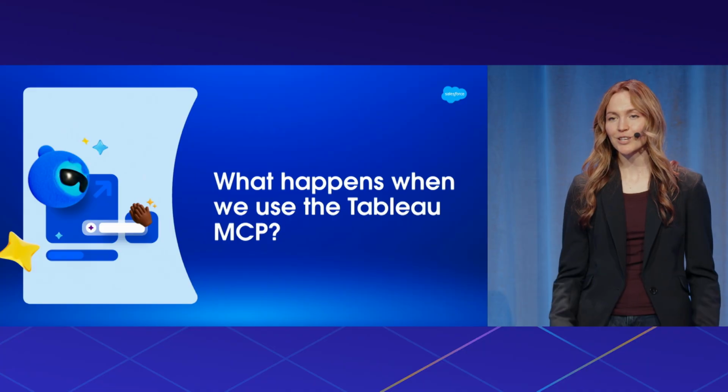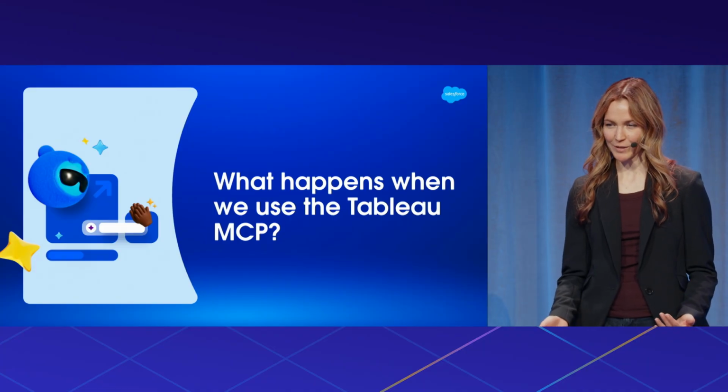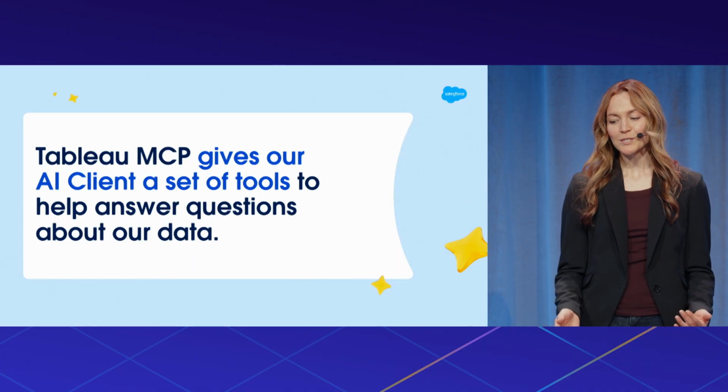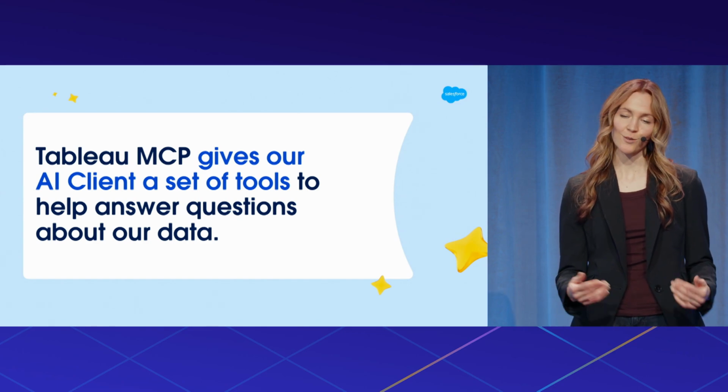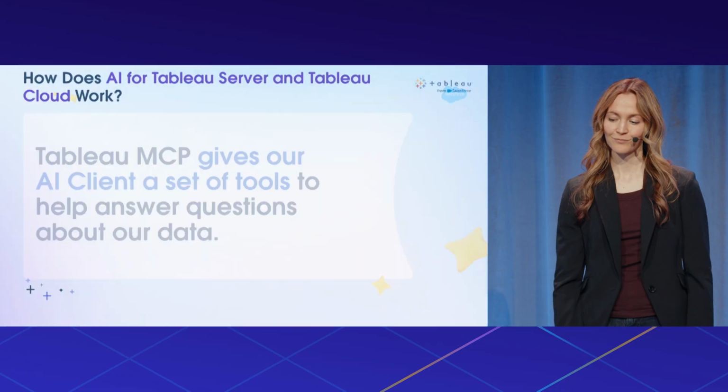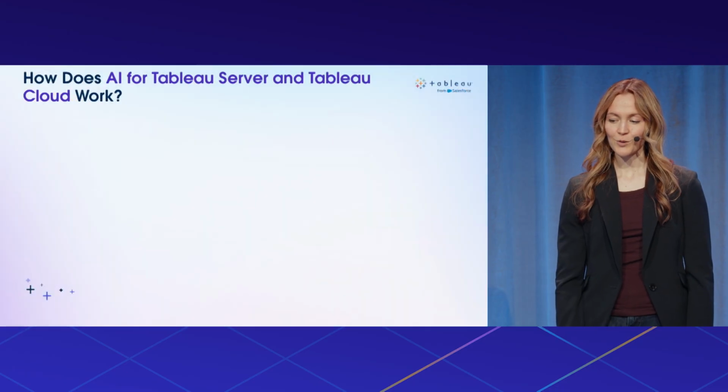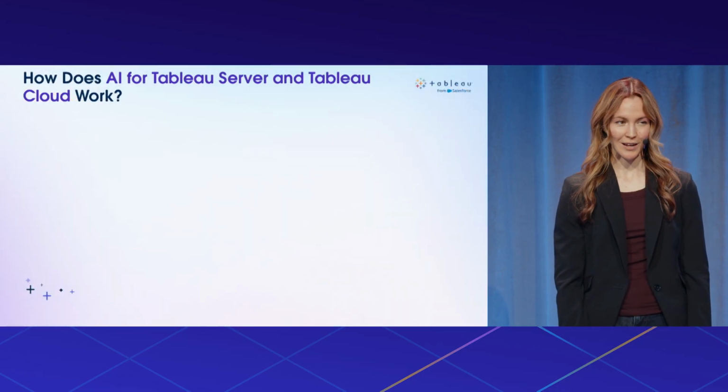So what actually happens when we use the Tableau MCP? Tableau MCP gives our AI client a set of tools that helps us answer our questions about our data. So how does this work with Tableau Server and Tableau Cloud?